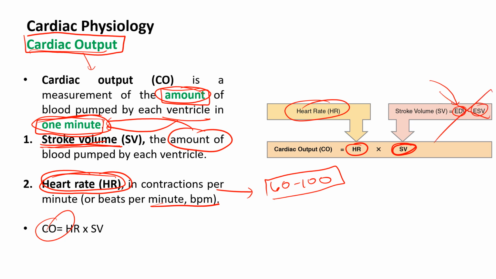You just know that the average stroke volume is 70 to 80. For your exams, most likely use 70 milliliters of blood.